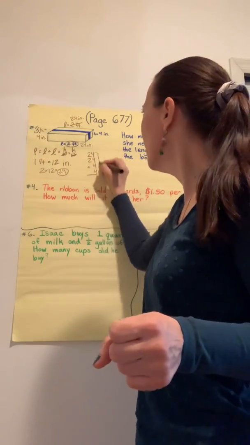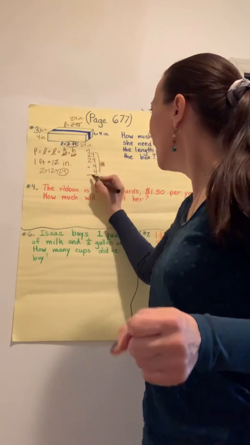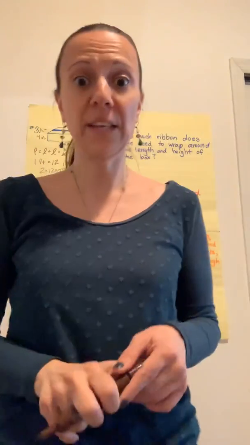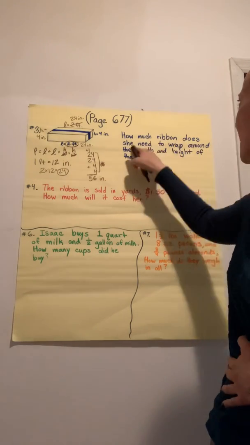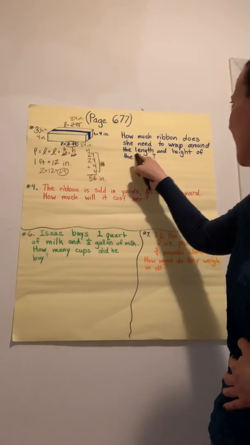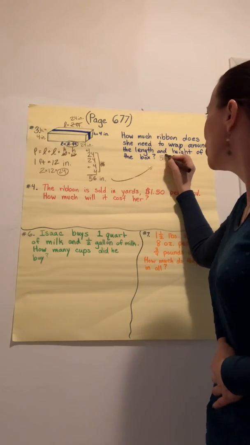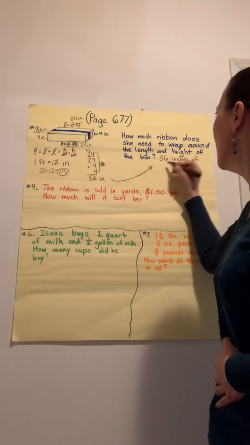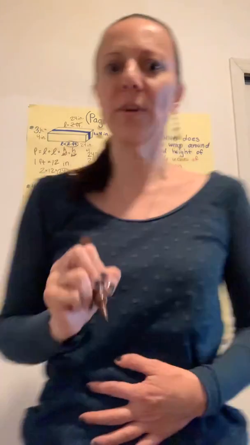So altogether, 4 4s is 16. Oh, that's a perimeter of 56 inches. My question says, how much ribbon does she need to wrap around the length and height of the box? Well, there's my answer. She needs 56 inches of ribbon. Okay, well, that worked out easily enough.